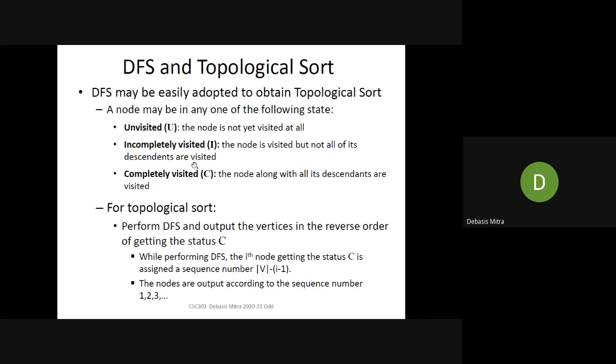I'm illustrating how you can number this step while performing DFS. The ith node getting the status C is assigned a sequence number V minus i plus 1, where V is the maximum node number. Then automatically all the nodes will be assigned the number which will be the topological order number there.